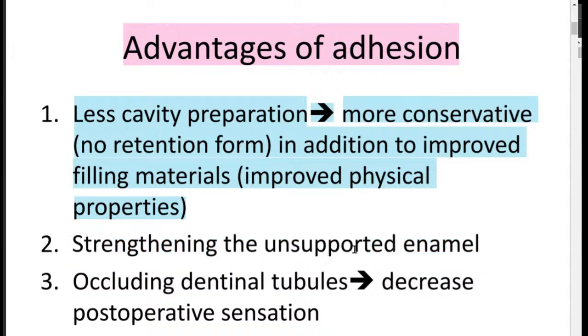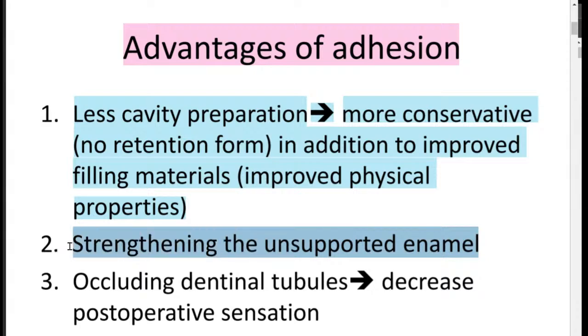The unsupported enamel is a problem in all kinds of tooth structures. The unsupported, or friable, enamel is a problem in all kinds of tooth structure that must be removed or strengthened.